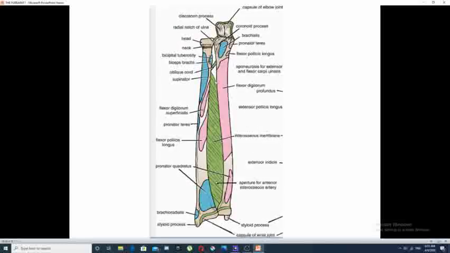As you see, this is the lateral border of the ulna, and this is the interosseous membrane, an important membrane which is attached between the lateral border of the ulna and the medial border of the radius, fixing these two bones together.